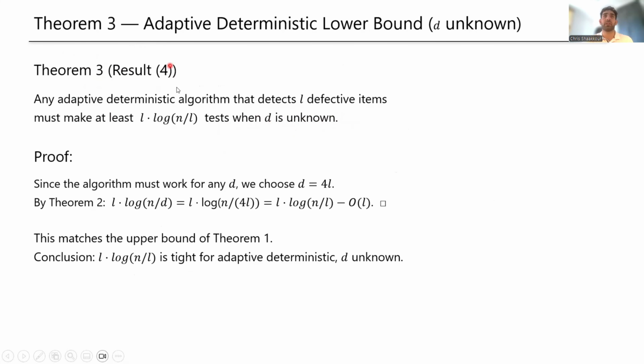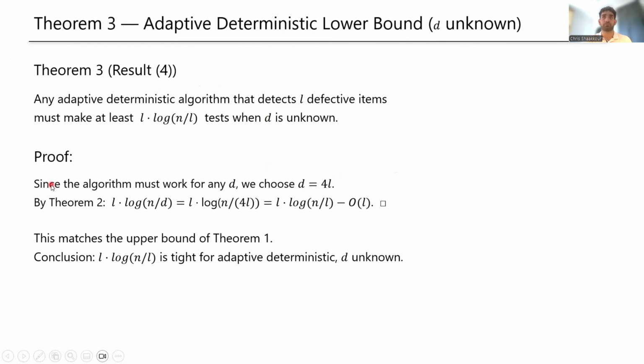We know that the algorithm in theorem number 1 works for any size of D. So we choose D to be 4 times L, and we put the upper bound on this result. In this theorem, D is unknown, but we are using D to be 4 times L, and then for the algorithm, it becomes known.